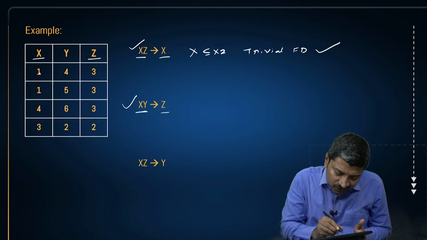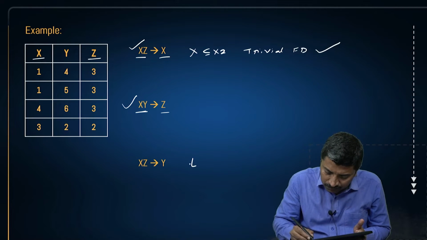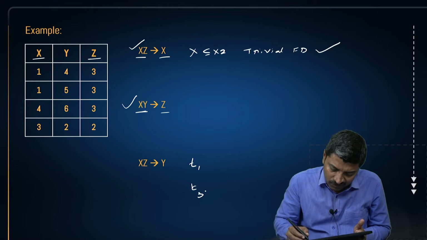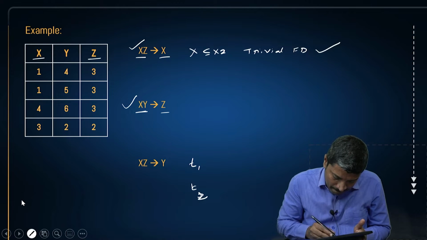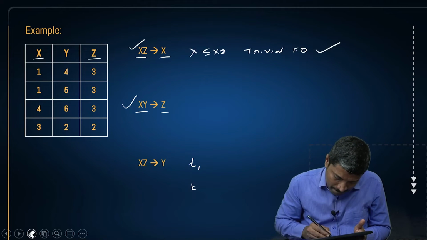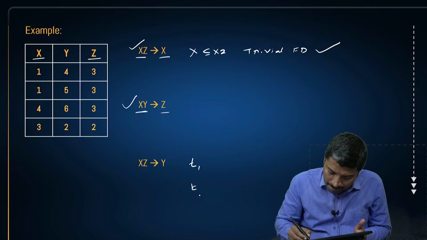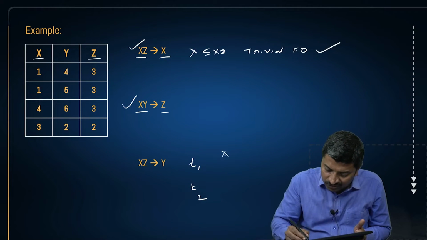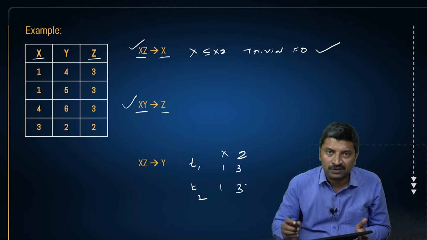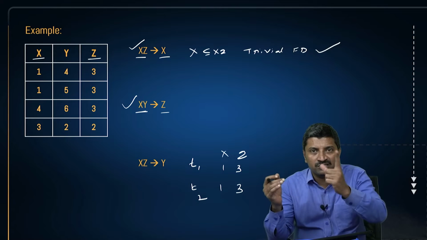I think the first tuple T1 and T2, sorry, not T3, it is T2. They have, what are the values for xz, sir? It is 1, 3, it is 1, 3. So the two tuples have the same values for the left hand side.